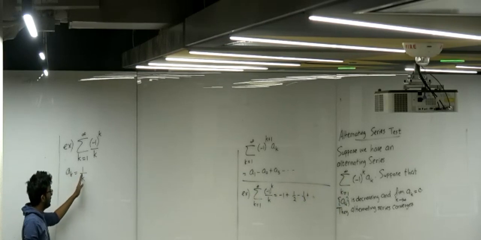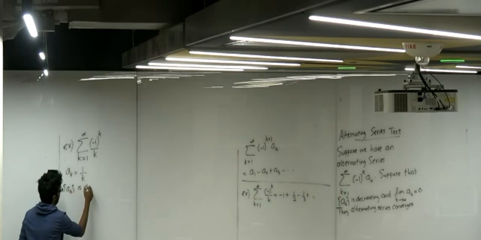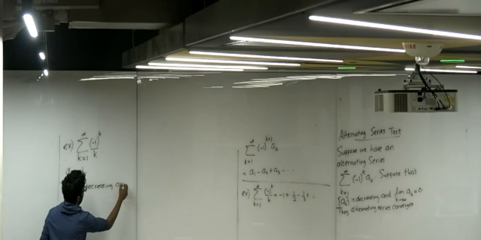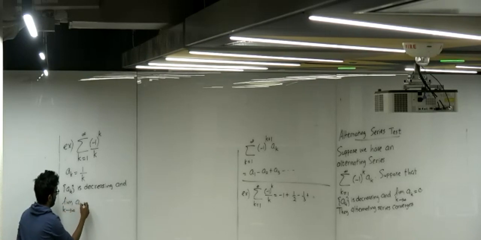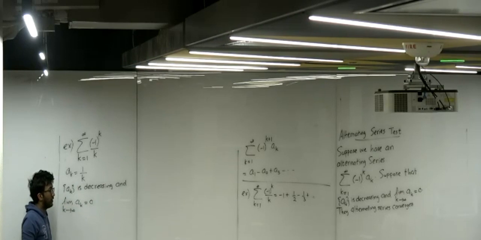It is clear, because when k is getting bigger and bigger, it gets smaller. And its limit, as k goes to infinity, a_k is equal to 0. It is also clear, because when k is getting bigger and bigger, it approaches 0.